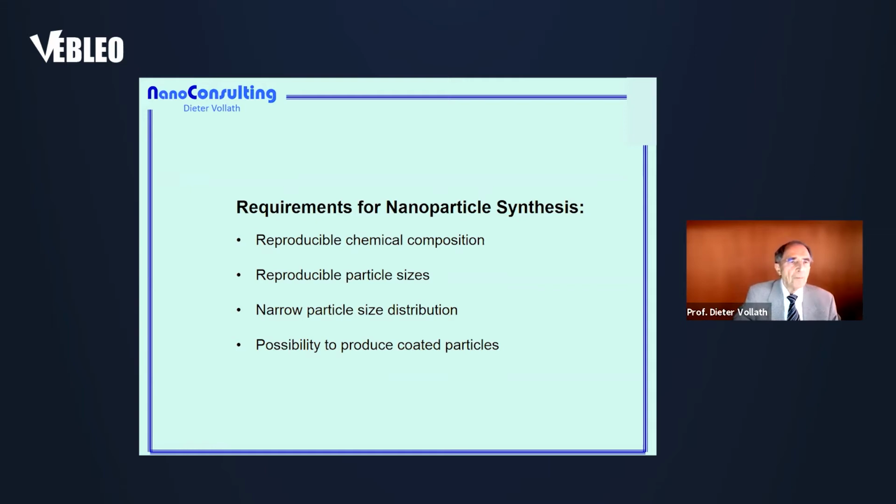This is because many of the properties of nanoparticles are size dependent. And last but not least, we need the possibility to produce coated particles, because this allows us the combination of properties.